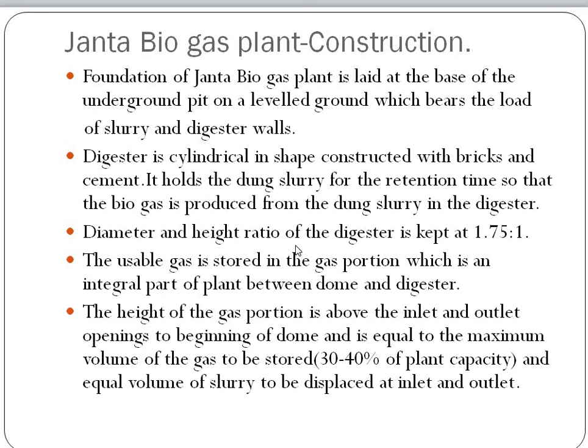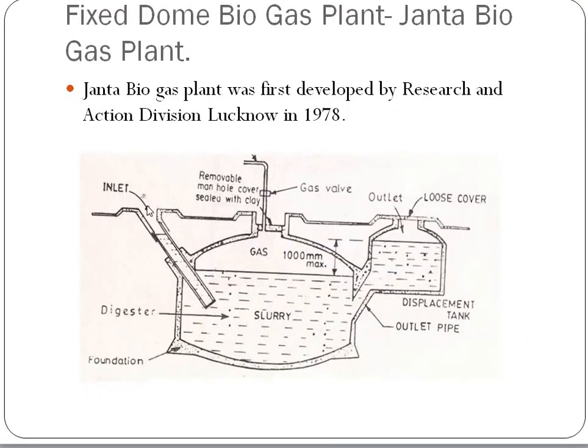The height of the gas portion above the inlet and outlet openings to the beginning of the dome is equal to the volume of gas to be stored, 30 to 40% of plant capacity, and an equal volume of slurry is displaced at the inlet and outlet. Whenever slurry is placed in the inlet, 30 to 40% of the dung slurry is displaced into the displacement tank or through the outlet pipe.